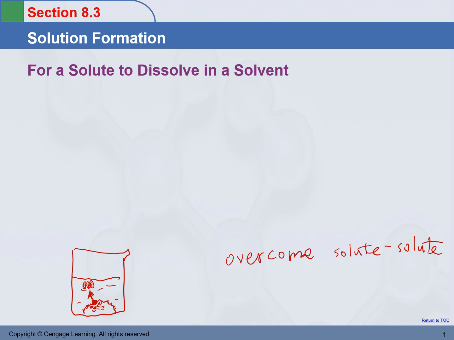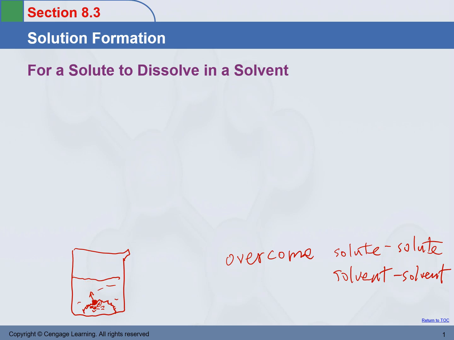In order for this particle to come into the solvent, it has to break the attractions between these two water molecules. Does that make sense to you? So for solid particles to get dissolved, it has to overcome the attraction between solvent and solvent particles.